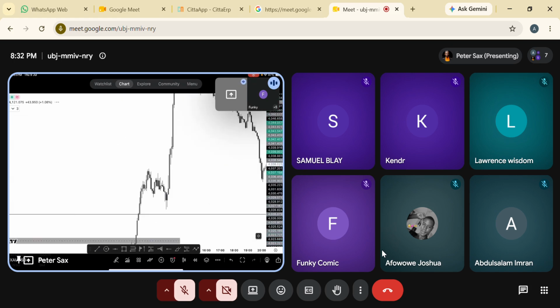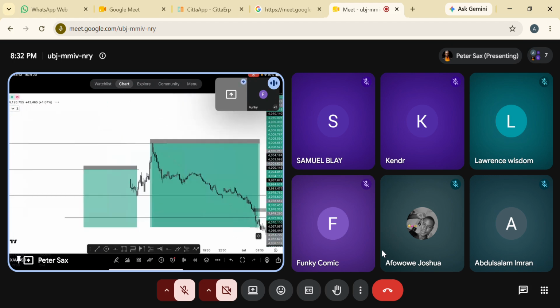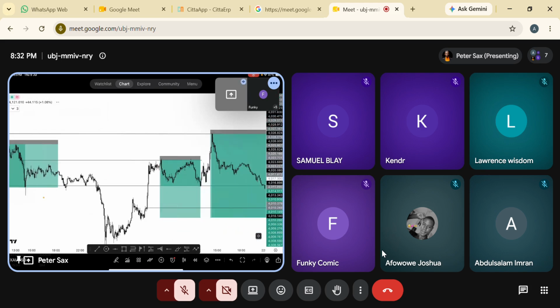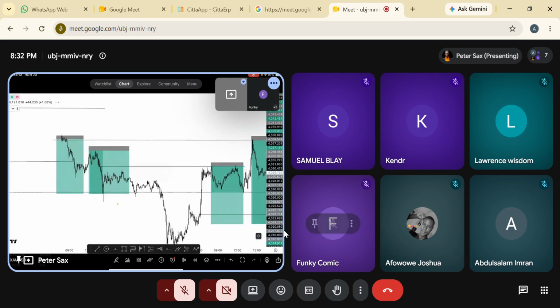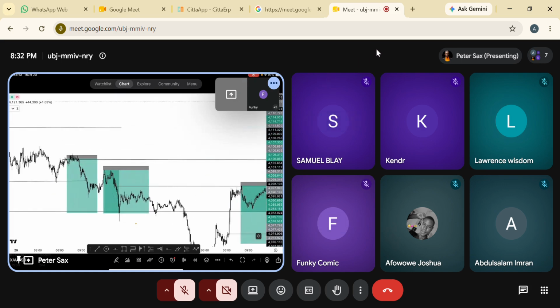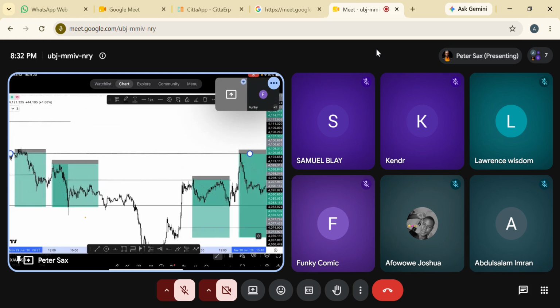Because this is literally one of my favorite structures that I have. Almost all my entries are based on these structures. Now, do you see this? Do you see this one? If we try to pull it to this side, did you see?